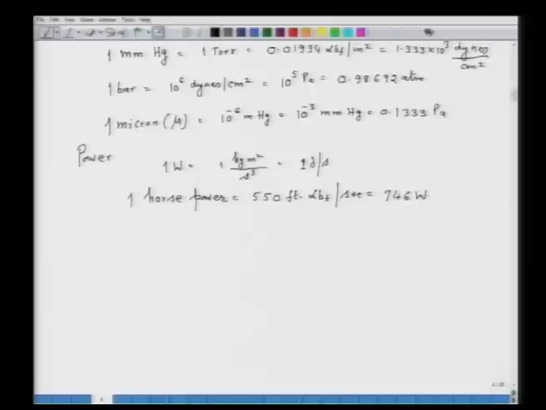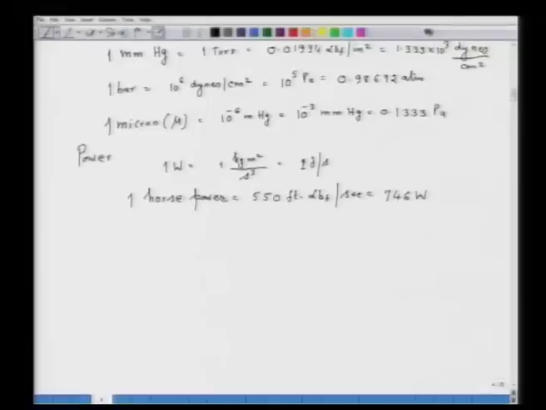Many times we require to express what should be the horsepower of the pump or horsepower of the motor in order to transport a particular amount of water from one place to another, and that is why you also require the unit of horsepower. Now, 1 kilowatt, all of us know, simply I am putting it, is equal to 1000 watt, which is equal to 3414 BTU per hour.